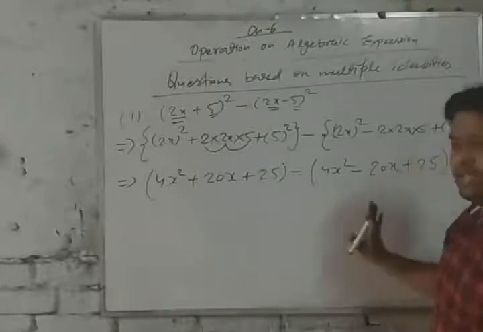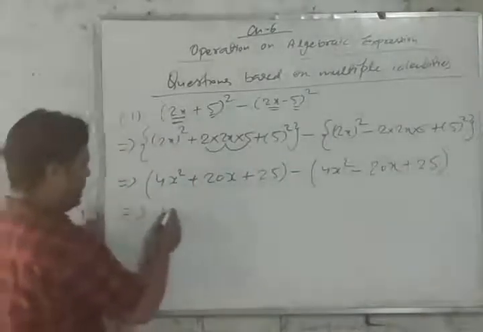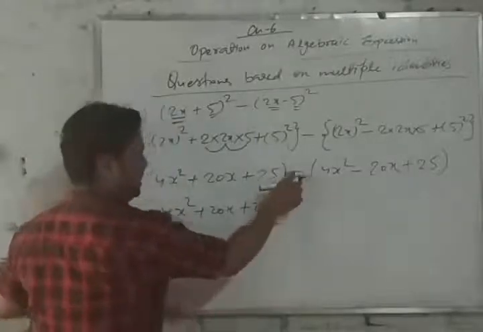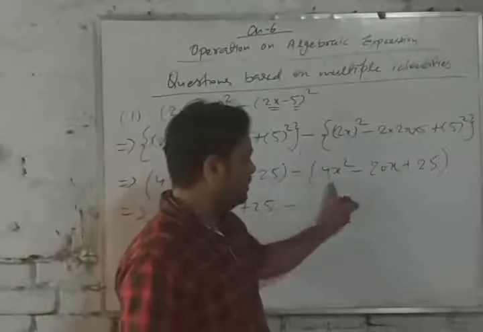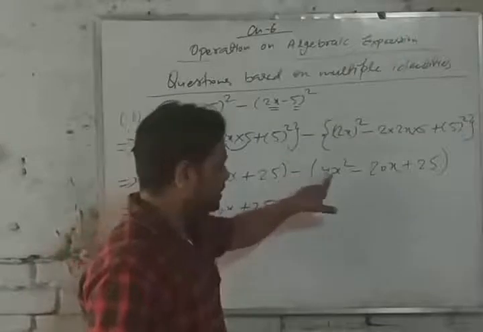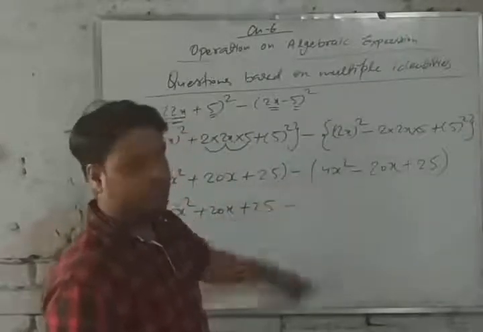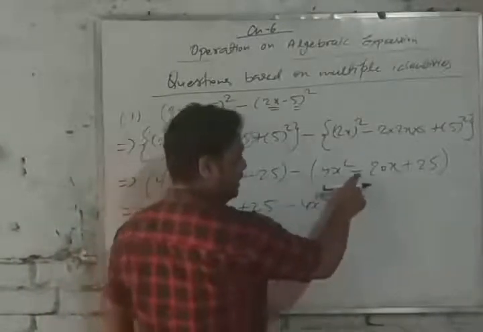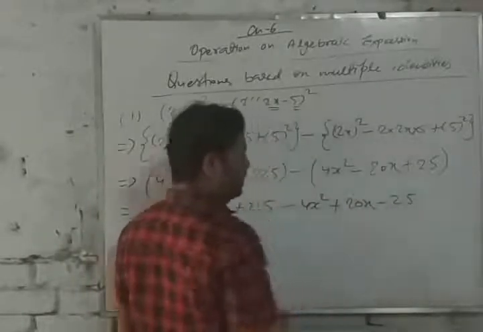Now only small brackets are there, so we will remove the bracket. 4x square plus 20x plus 25 minus. Here you can see there is a minus sign outside of the bracket, so we will change the sign of each term of this expression only, not the previous expression. We will change the sign of the expression which is just after the minus sign. So 4x square with minus sign, because here plus sign, here minus, then we will write plus 20x, here plus, then we will write minus 25.